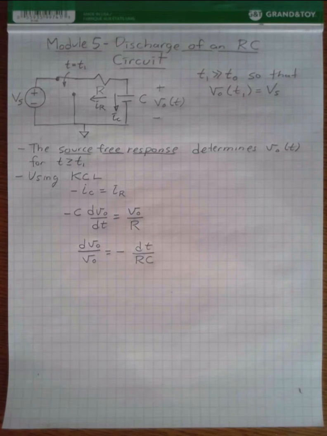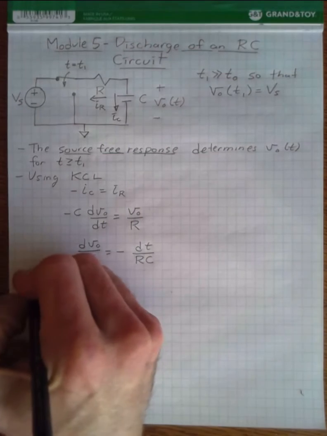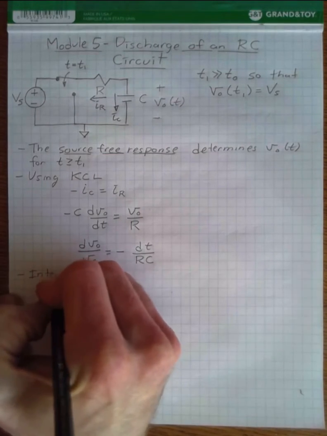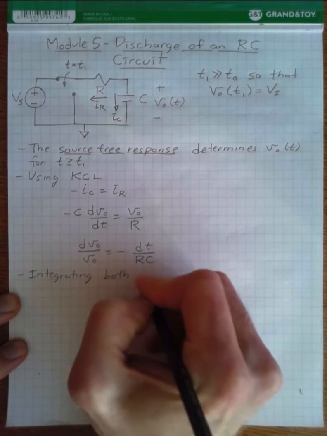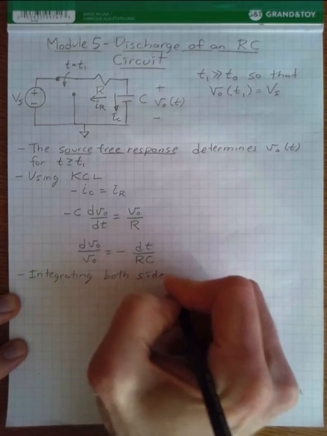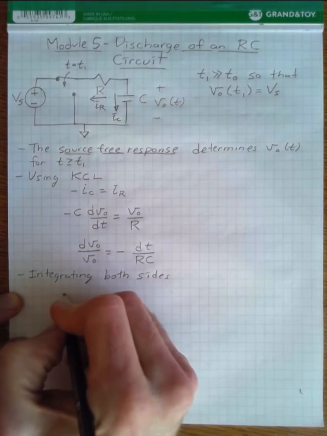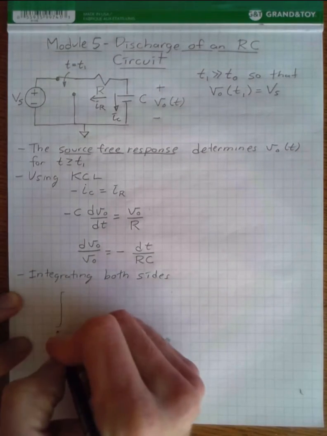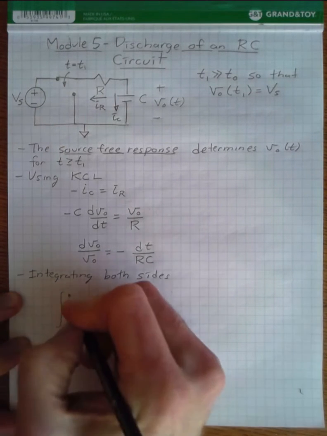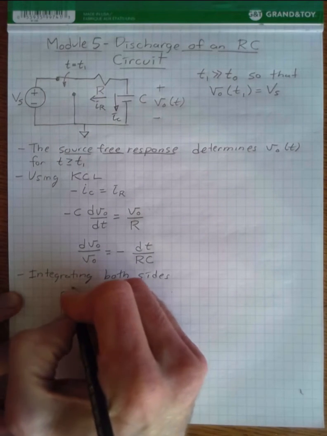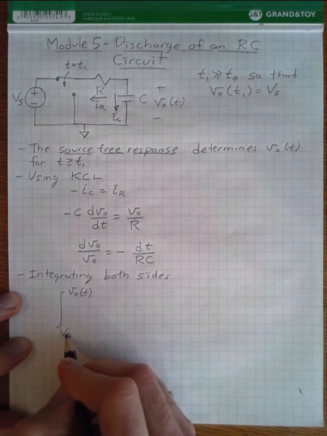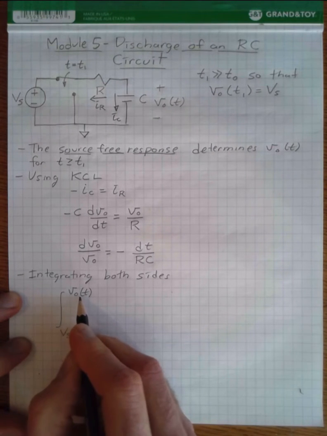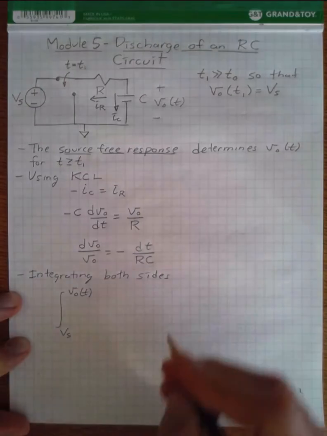We're going to integrate both sides of it, basically. We're going to integrate the voltage from the voltage at time t1, which is equal to Vs, up to whatever voltage we have at time t.